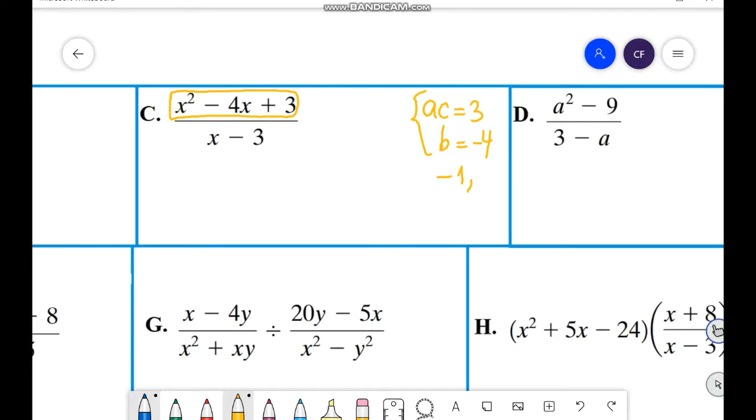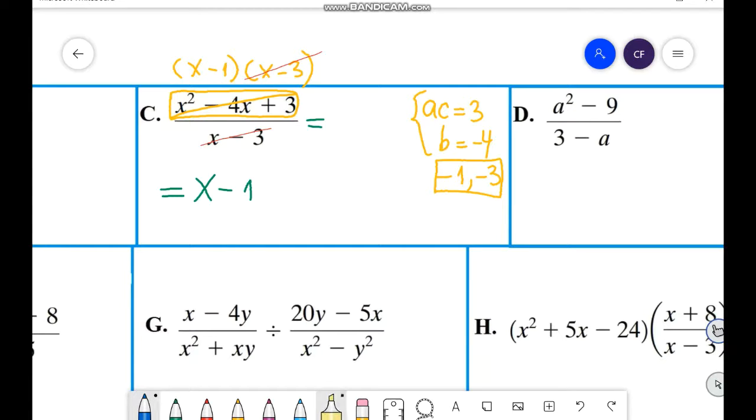After you think a little bit, you're going to find out the two numbers are going to be -1 and -3. Okay, so you can rewrite this as x minus 1 times x minus 3. And check what you can simplify. Definitely x minus 3 you can cancel out. The only thing that will be left after you do simplifications is x minus 1.